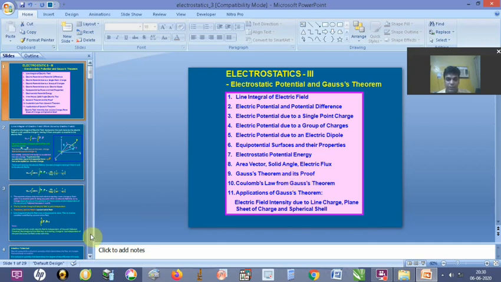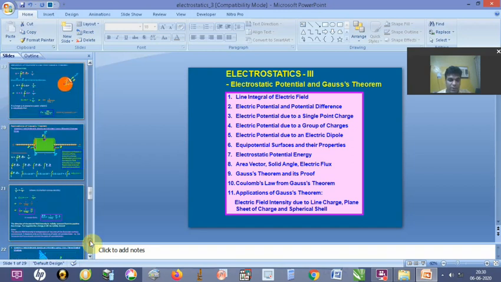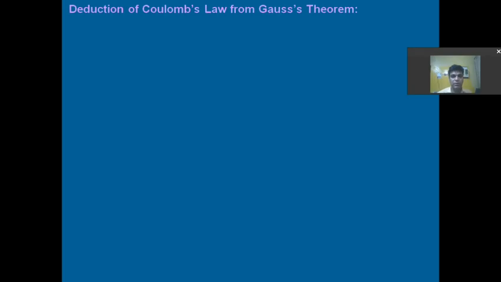Now we come to Coulomb's law from Gauss law. This is again a very important thing, I think. Deduction of Coulomb law from the Gauss theorem. This is a very important part.